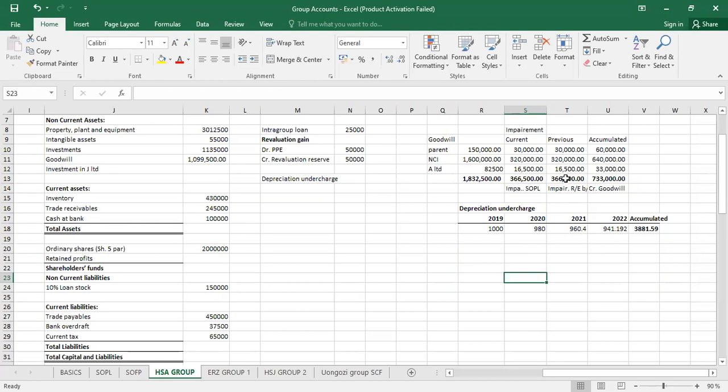But because we don't have the income statement, the journal entries here will be: we debit group retained earnings, then you credit group assets, or PPE, you credit PPE.